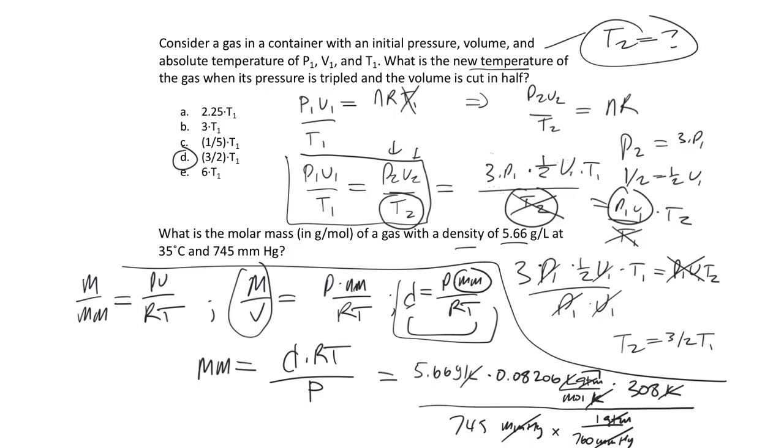And then my units left over here should be grams per mole. So I get the proper units of molar mass. I get 146 grams per mole.